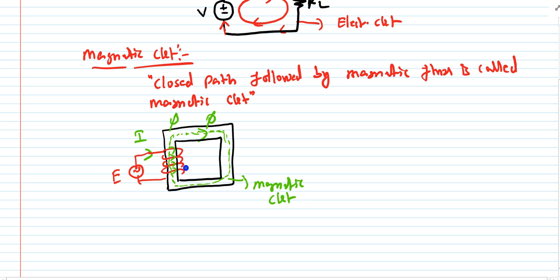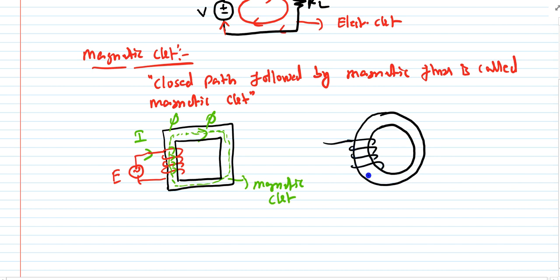Similarly, another kind of core is also possible, which I'm going to show here. This is also a core, but it is a ring type core. On this core again we have a winding. If the conductor winding is connected and excited with some AC system, again some current is drawn by this system.